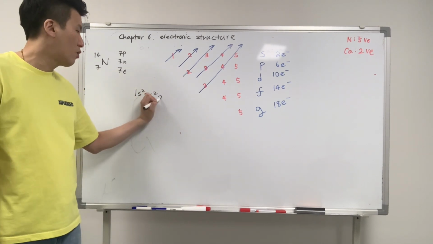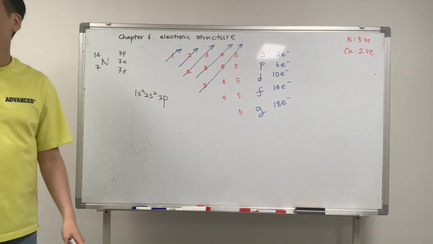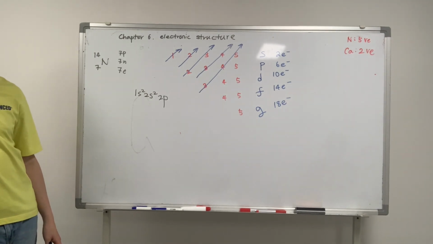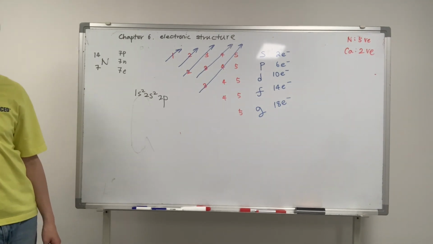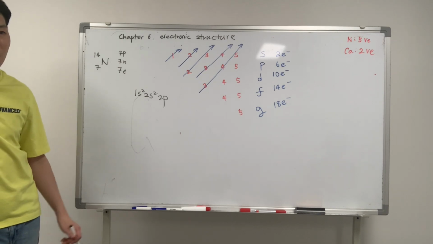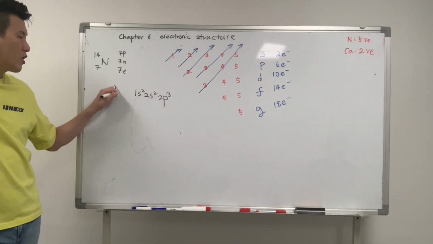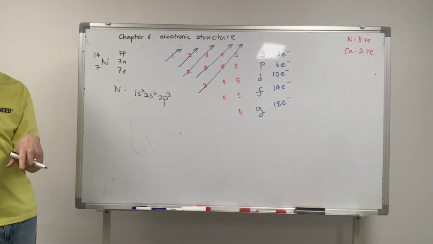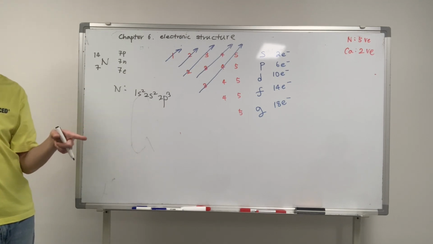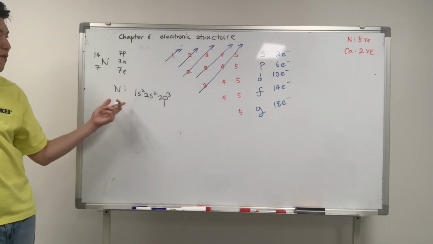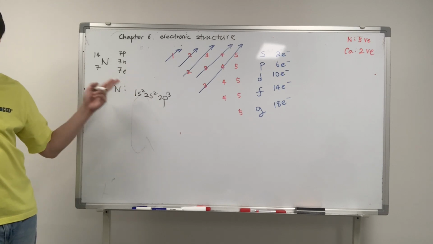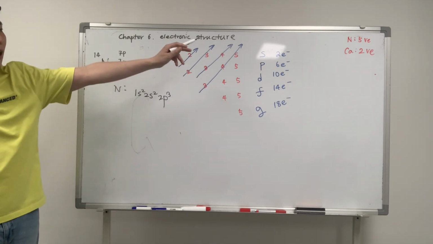So that's 2p, how many should I put? 3, because we have 7 electrons, right? This is nitrogen's electron configuration. And this proves nitrogen has 5 valence electrons.